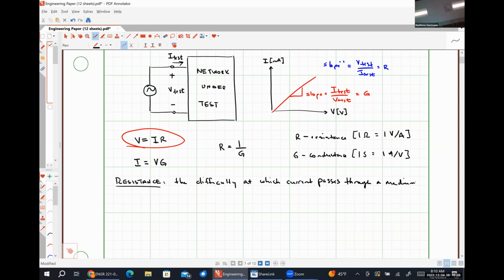So effectively, the larger the value of the resistance is, the harder it is to pass current through it. And since conductance is simply the reciprocal of resistance, conductance can be thought of as the ease at which current passes through a medium.